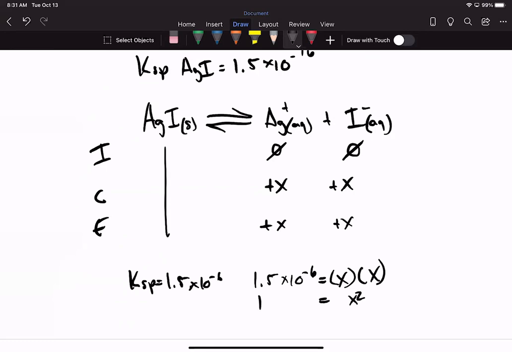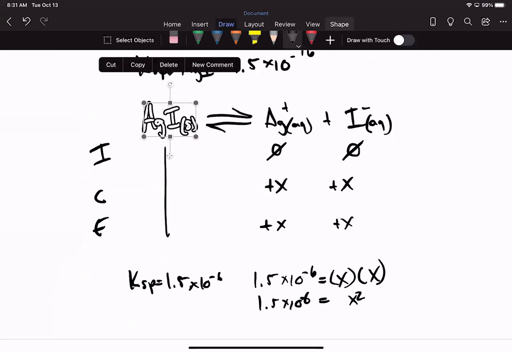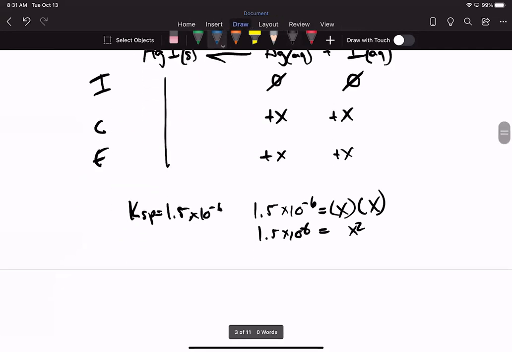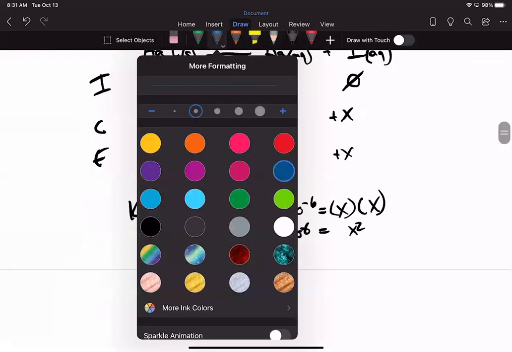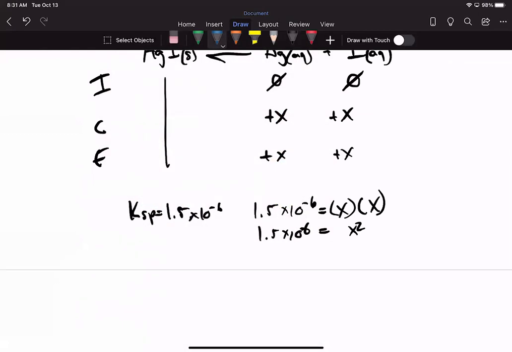And if we want to find out what x is, well, we just take the square root of that. So the square root of 1.5 times 10 to the minus 6 is simply equal to x.